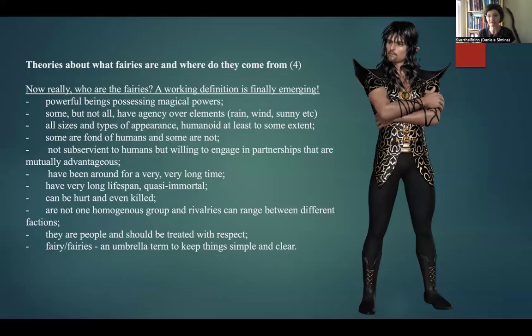Fairies have been around for a very, very long time. Remember the Irish story of fairies pre-existing in the Irish landscape. When gods themselves decided to come in and join, fairies were already there. That points to a very remote past. They have a very long lifespan, quasi-immortal, but they're not really immortal, because they can be hurt. There are things that can hurt fairies and they can even be killed.